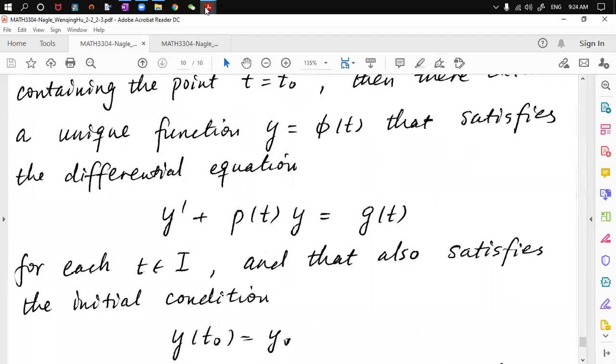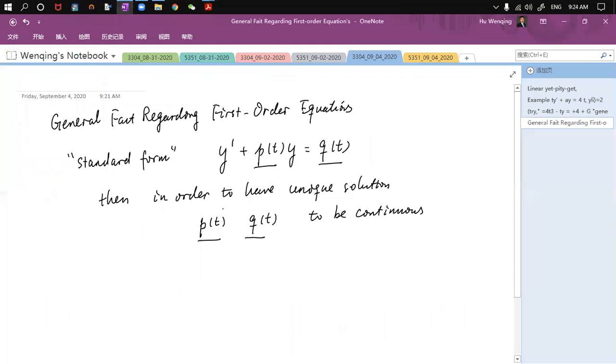So that's a very important theorem. It says that, first of all, this is very important, the equation has to be turned into a standard form. By standard form, it means the leading coefficient in front of the highest derivative is 1. As long as the equation is in standard form, in order to have a unique solution, it suffices that all the coefficients of this standard form equation are continuous.